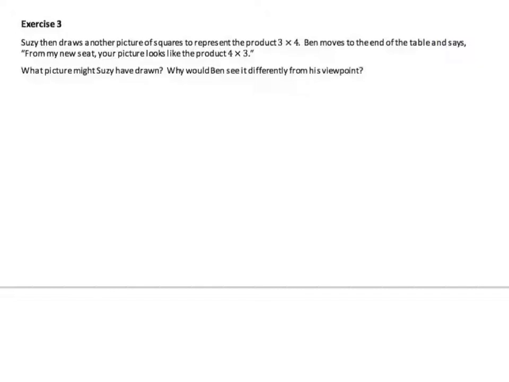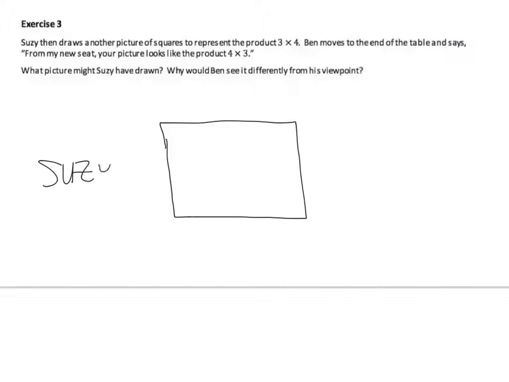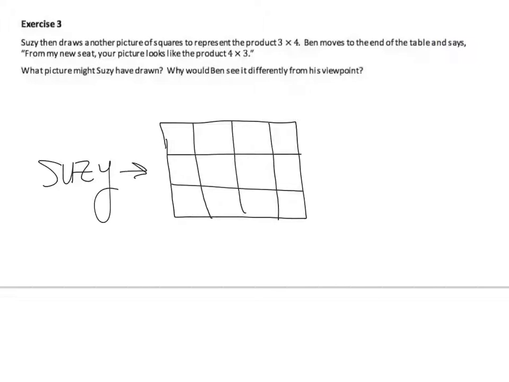Susie's hanging out over here, and she sees 3 times 4. Ben's hanging out up here, and he sees 4 times 3.